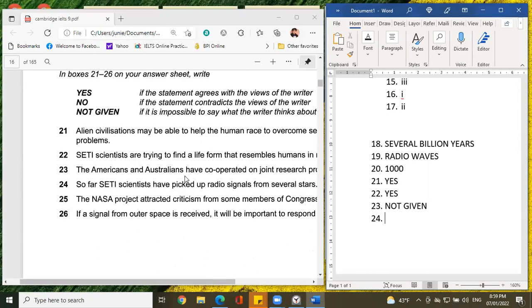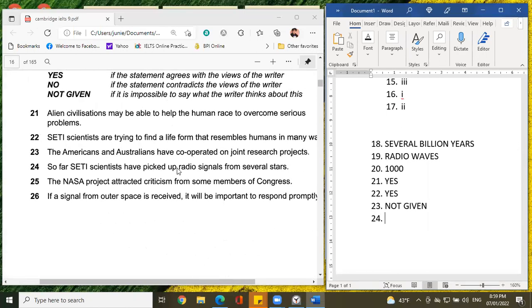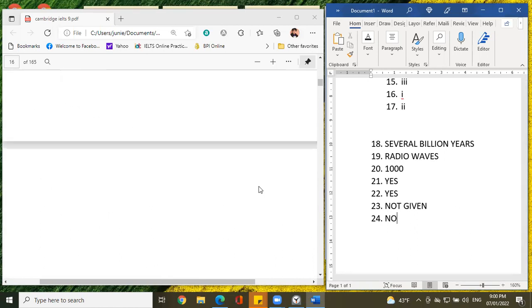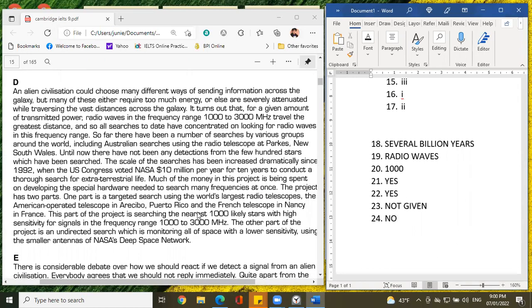No na yarn. So far, SETI scientists have picked up radio 7. No! Ay, tama ba? They have not picked up any radio signals. The NASA project attracted criticism from not given ulit.